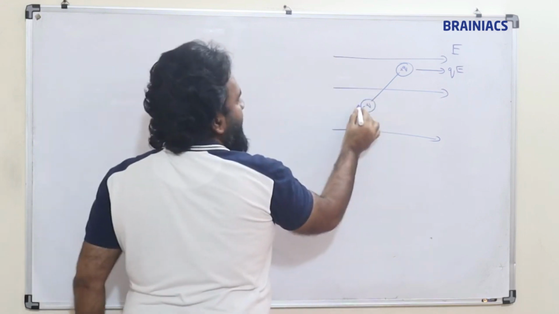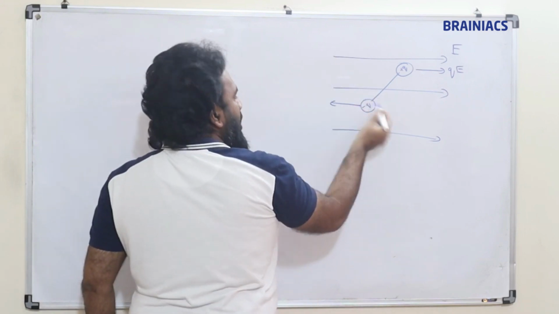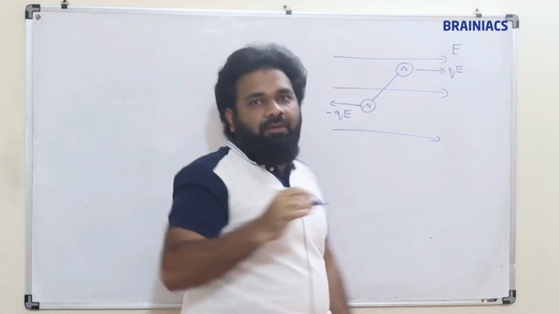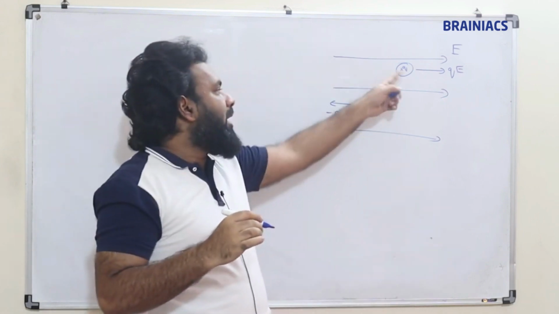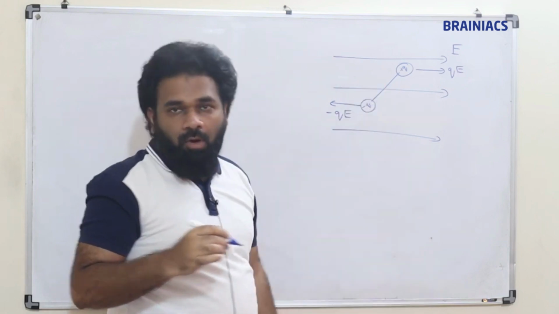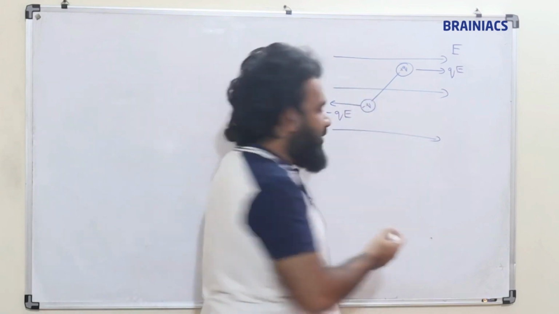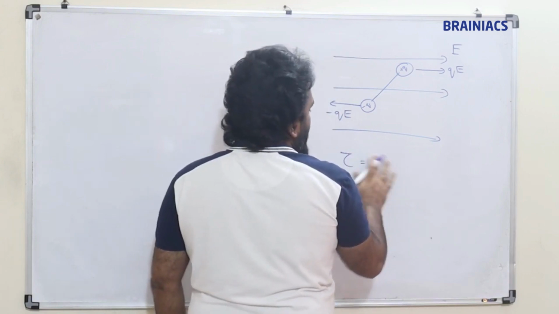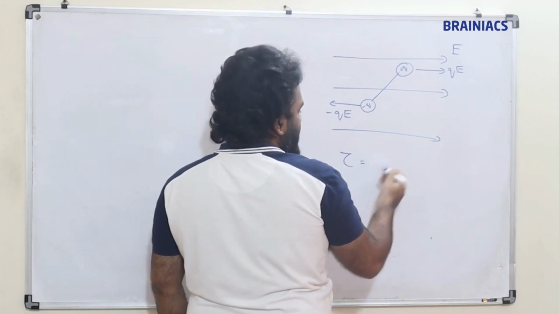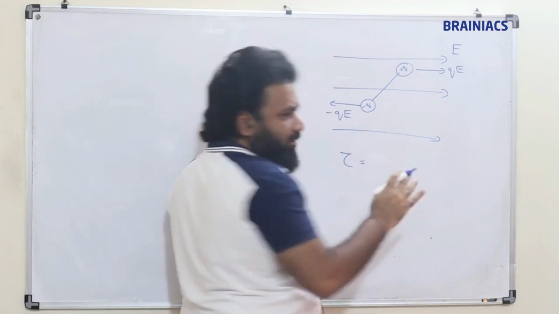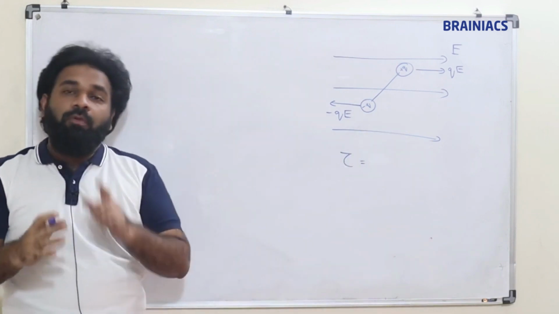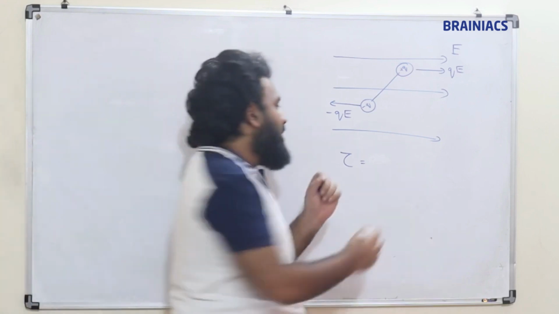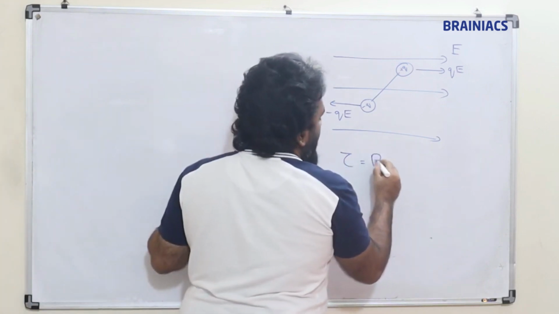The negative charge will experience a force opposite to the direction of the electric field. Now this will create a torque, a rotational effect. Torque is always r cross F. Considering all of them, we have derived the torque.